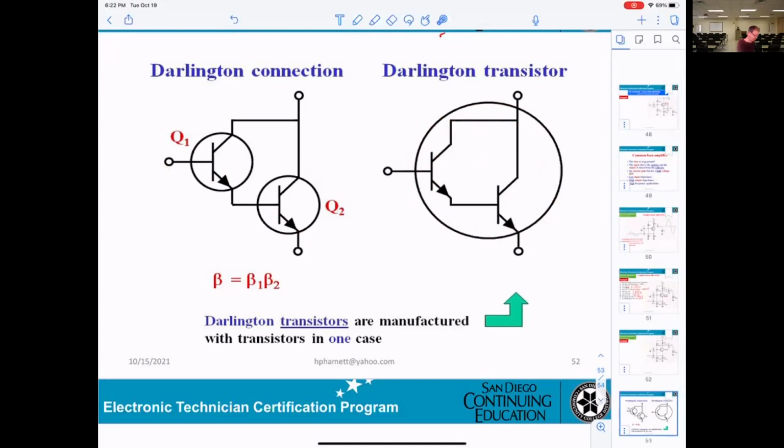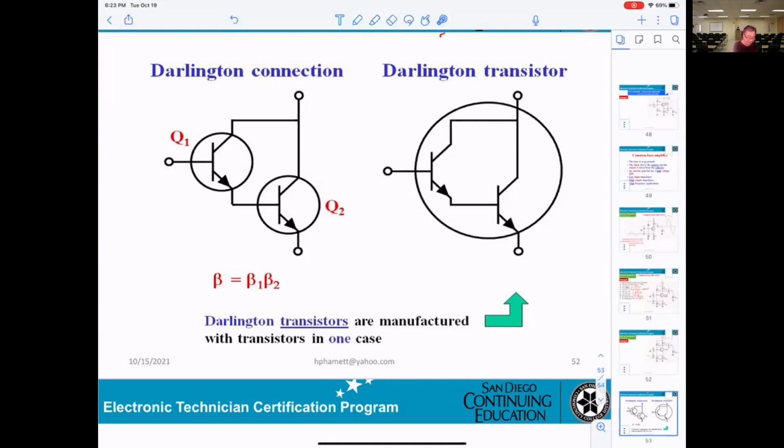So why do we need the Darlington transistor? Why do we need it? Higher gain, very high current.